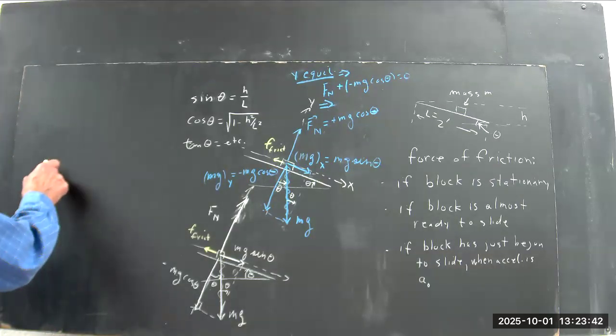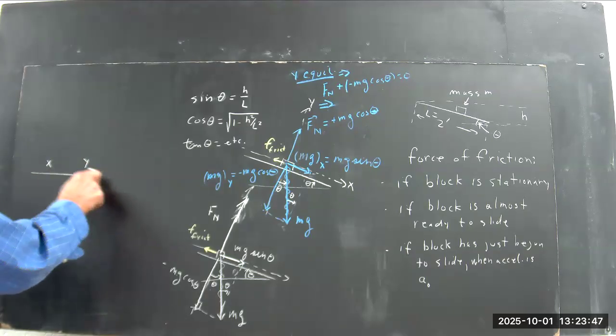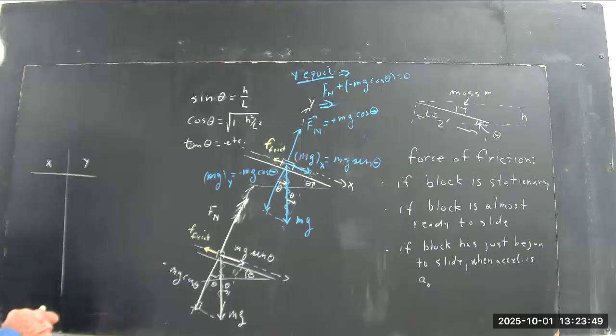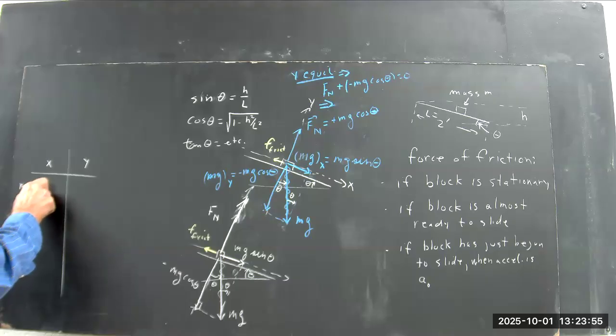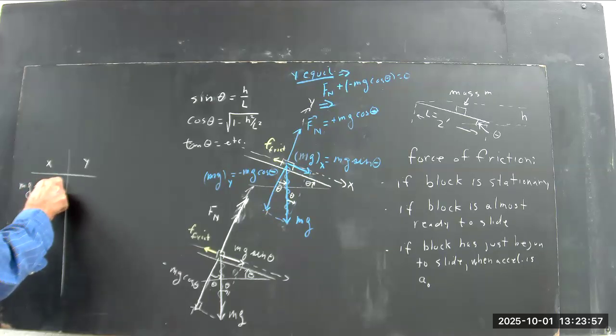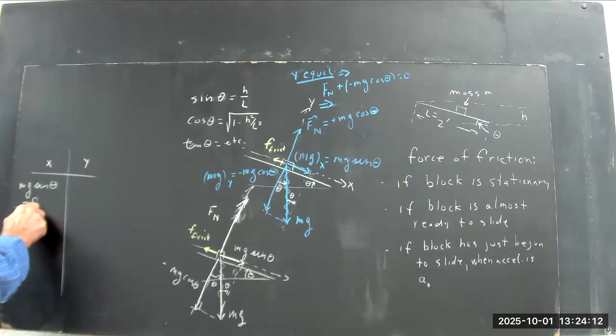Okay, so now we can do this. We can say X, Y. We have mg sine theta, and, yeah, I'll put a negative.